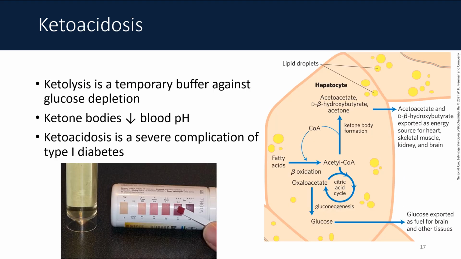The combination of ketogenesis and ketolysis is known collectively as the starvation response. And it's important that I stress that this is a temporary solution to the problem at best.